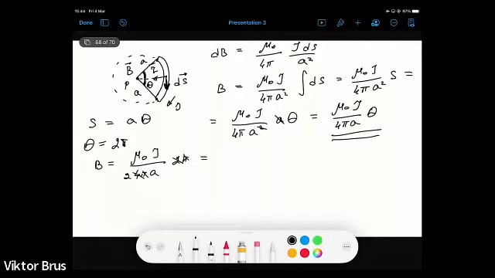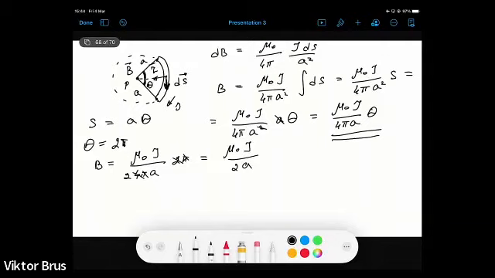So we will get mu naught I divided by 2a. Mu naught times the magnitude of electric current, divided by 2 radius of this coil, which fills completely this circle with a conductor which carries some electric current I.